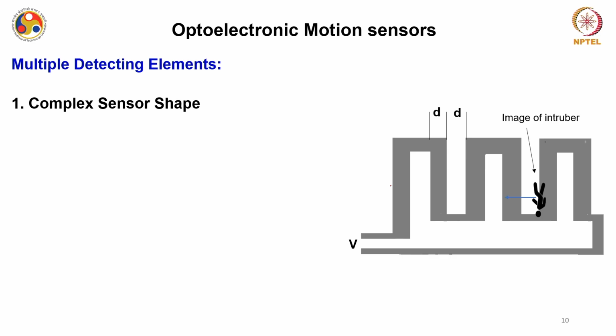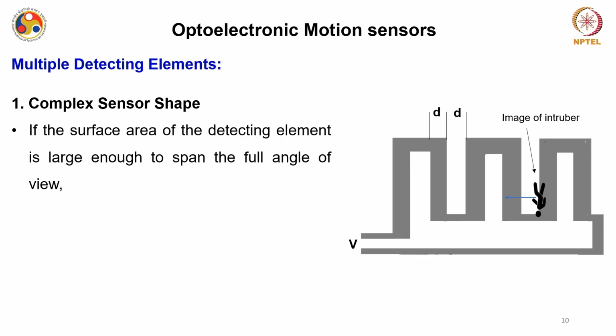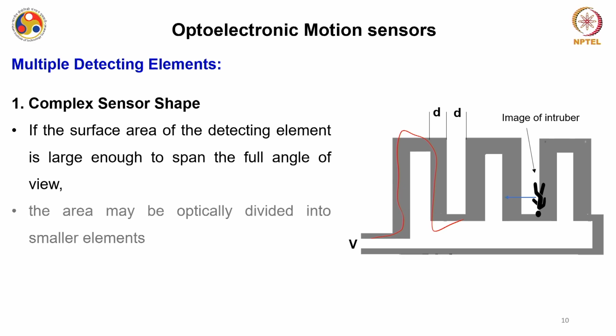One of the complex shapes is shown over here. What I am achieving with this kind of serpentine nature is that we are increasing the surface area of this sensing element. If the surface area of this detecting element is large enough to span the full angle of view, the area may be optically divided into smaller elements.